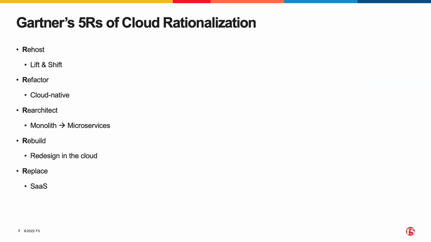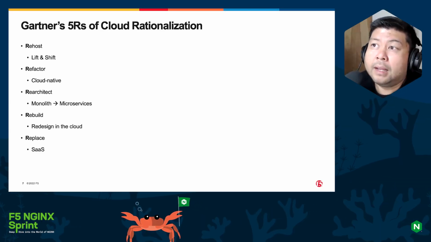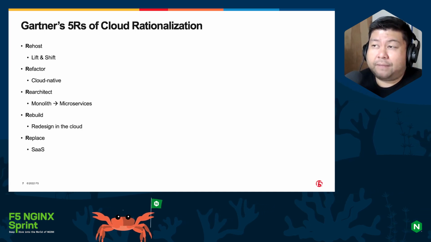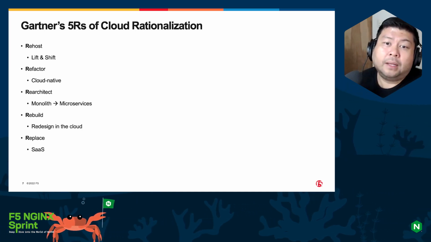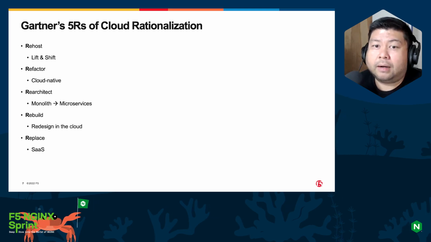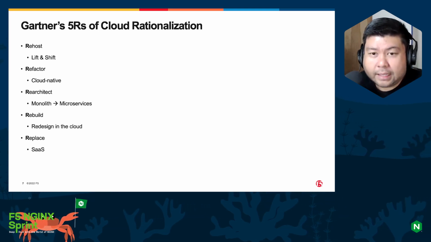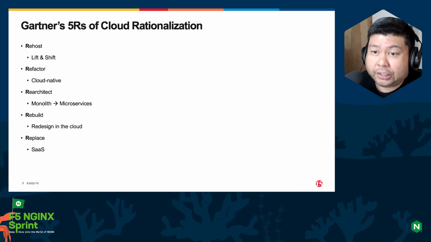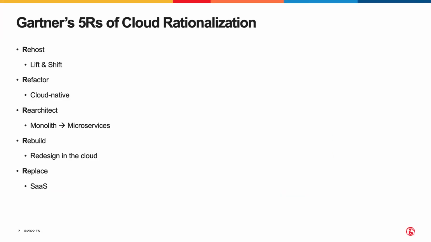So migrating to cloud native is very difficult, and enterprises should have a strategy for the cloud migration. Back in 2011, I know it's a long time ago, Gartner released their 5 R's of cloud rationalization. These are topics to discuss and to make key decisions on what your cloud migration strategy looks like. So with the 5 R's of cloud rationalization, an enterprise must think about, should they just rehost their application?